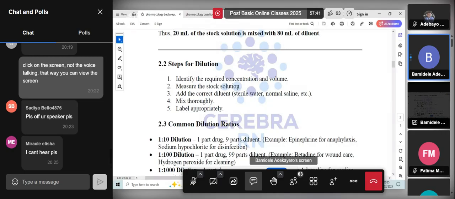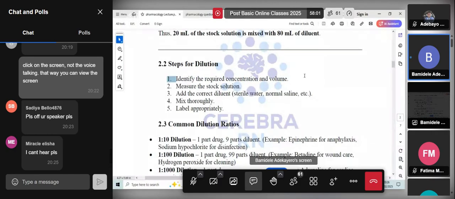Then you measure the stock. If you are giving paracetamol 1 gram, as a suspension to a baby, and you look at it, it comes in 250 milligram in 5 mils. So you know you are giving 20 mils to the baby or to the person to make 1 gram.